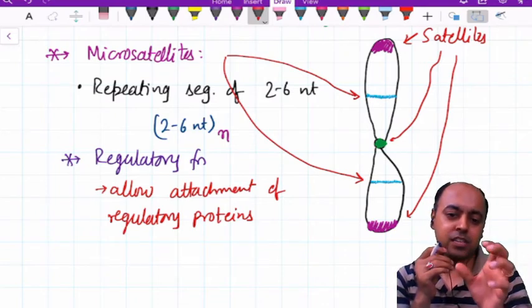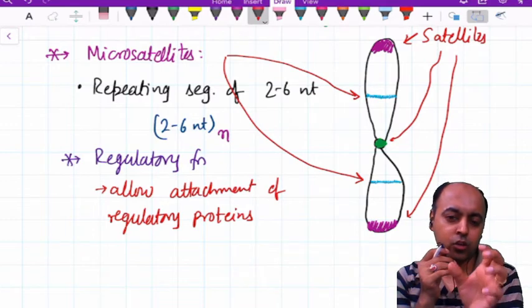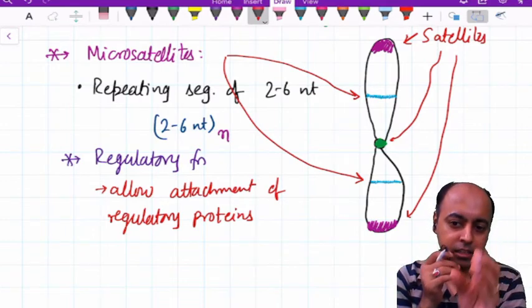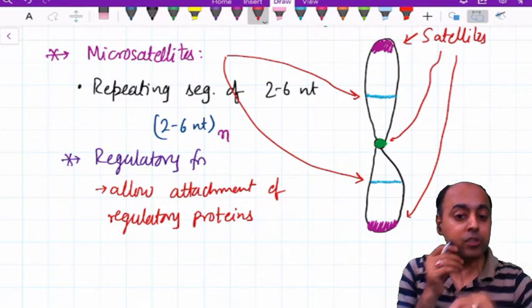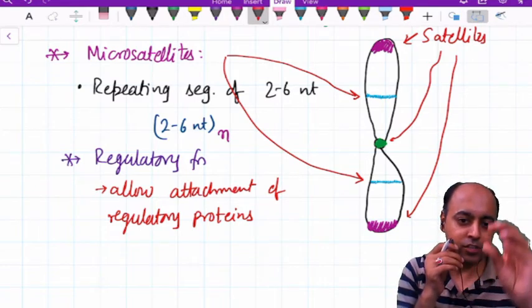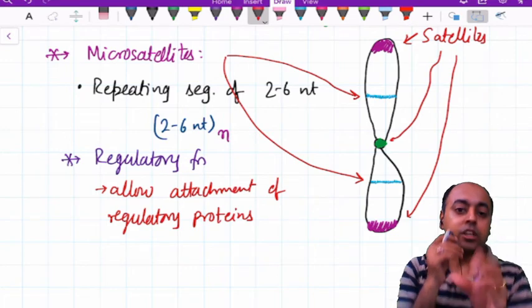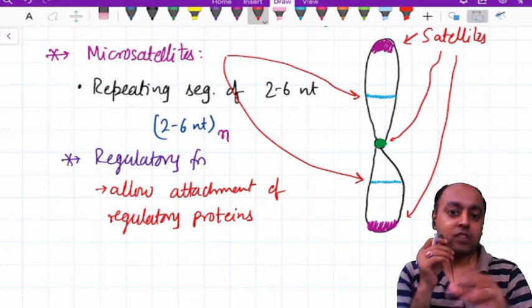Imagine if the size where these regulatory proteins are going to be attached is either decreased or increased. It will alter how many proteins are getting attached. If you decrease the size, the regulatory proteins getting attached will be fewer. If you increase the size, they will become more.